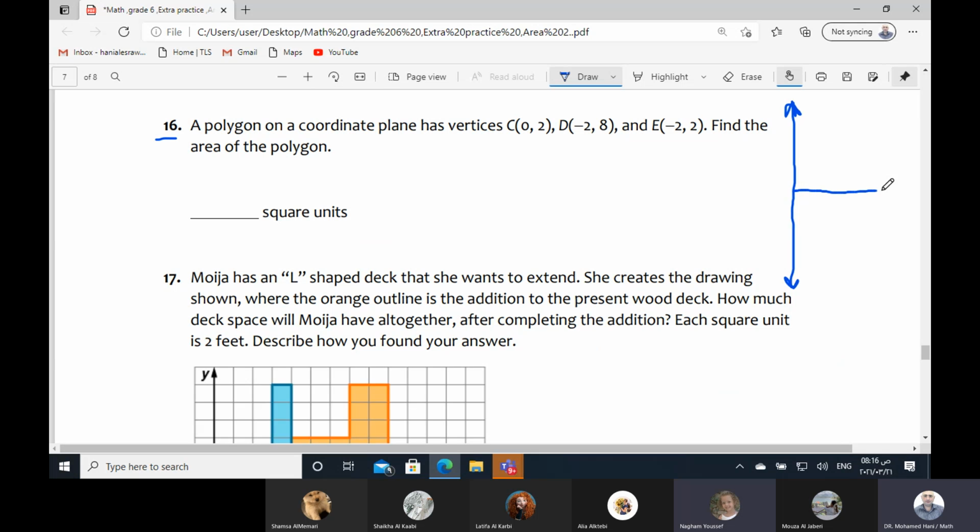Sir, is the answer 12 square units? 12 square unit. Maybe.